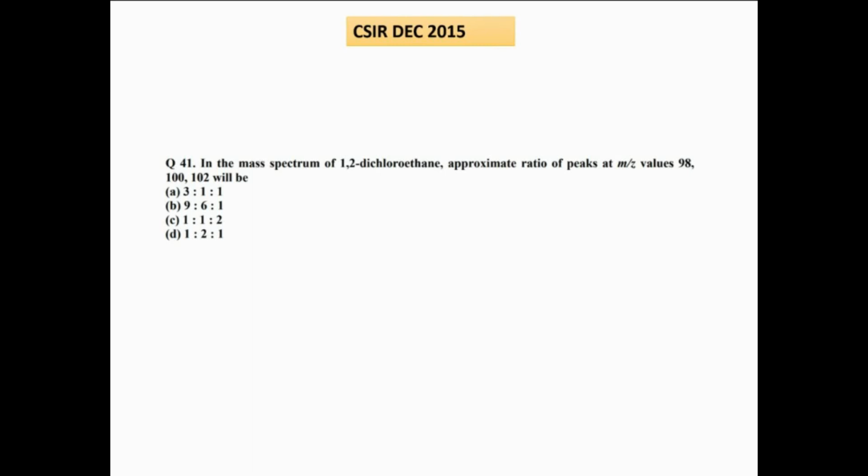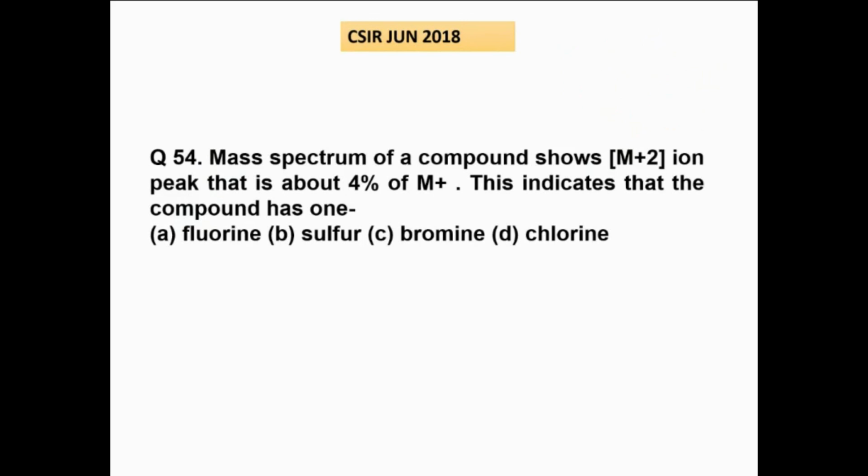Why did you say option A? See, a single chlorine gives 3:1. A single bromine gives 1:1. Two chlorines give 9:6:1. Two bromines give 1:2:1. Remember this. This is the ratio: one chlorine 3:1, one bromine 1:1, two chlorines 9:6:1, two bromines 1:2:1.